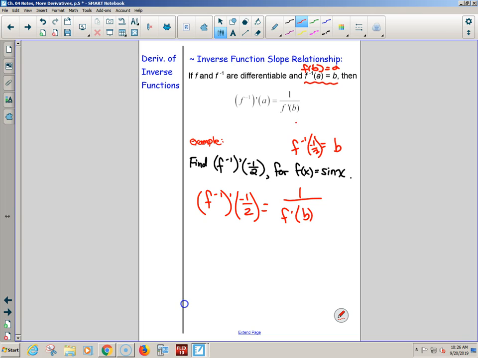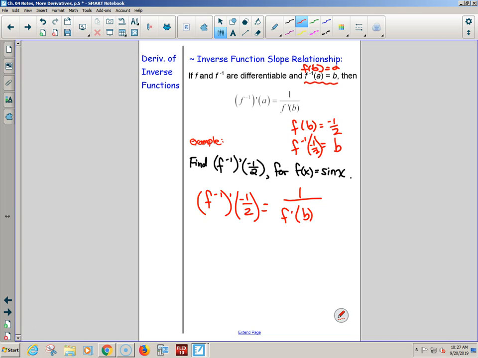Or wouldn't b also be... Remember how this was tricky? Negative 1/2 is an x of the inverse. If it's an x of an inverse, what is it of the original? The y. Negative 1/2 is the x of the inverse, it's the y of the original.